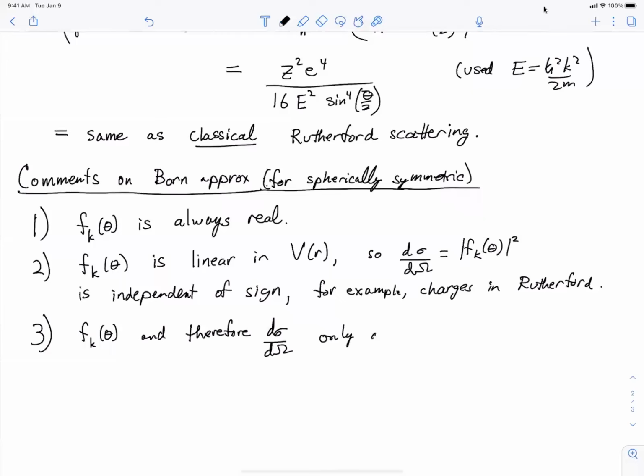So only depend on q squared, which we can write as 4k squared sine squared of theta over 2. So what that means is if we know the dependence on the angle, we also should know the dependence on the energy.